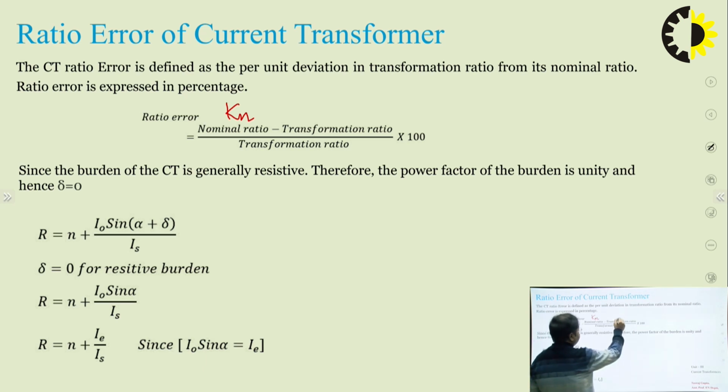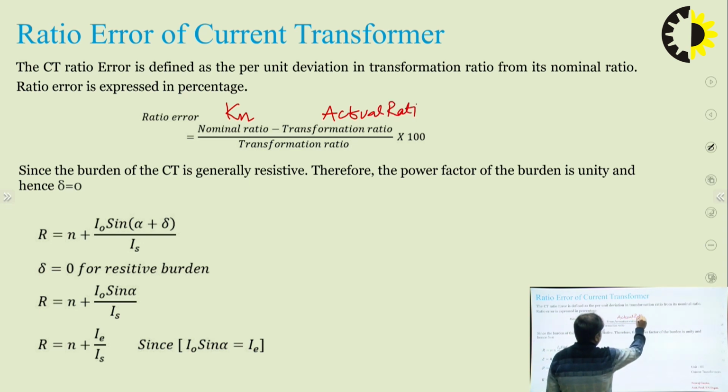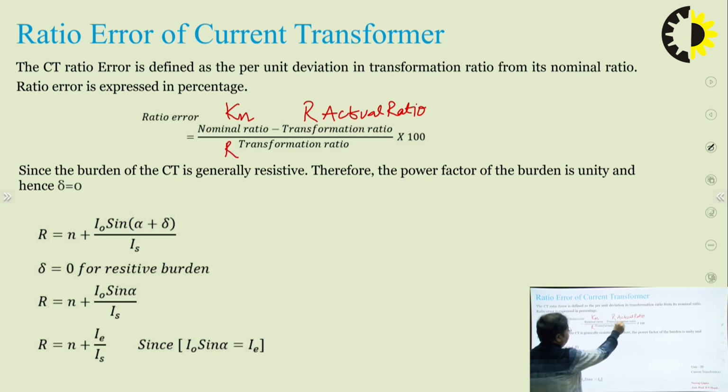The transformation ratio, that we termed as the actual ratio or R, divided by again R multiplied by 100. So this is the ratio error, or we write it also as percentage ratio error.